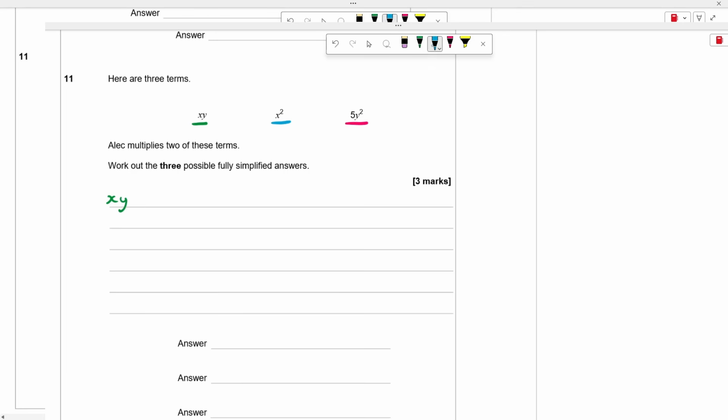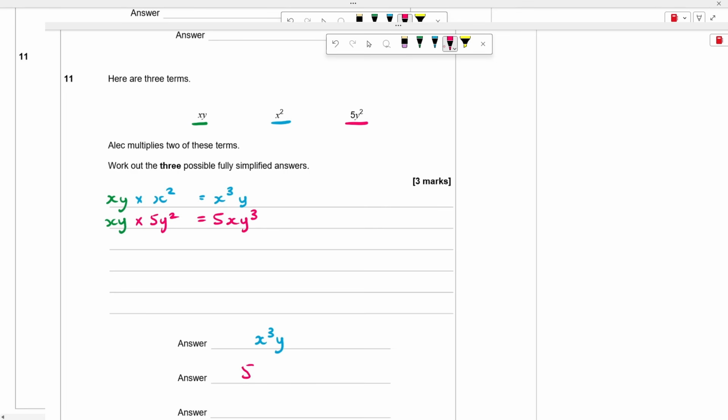So here I'm going to multiply xy by each of the other terms. If I multiply that by x squared, you just need to be careful that your x's look different to your multiplying, and that's going to give me an answer of x cubed y. So one answer is going to be x cubed y. Then we multiply xy by 5y squared, in which we're going to end up with 5xy cubed.